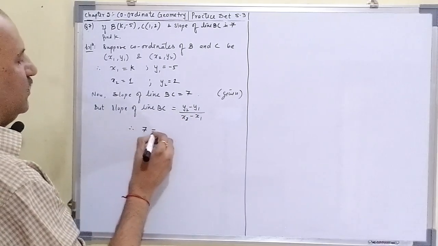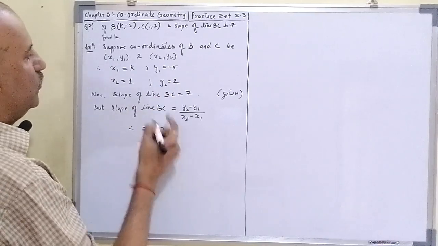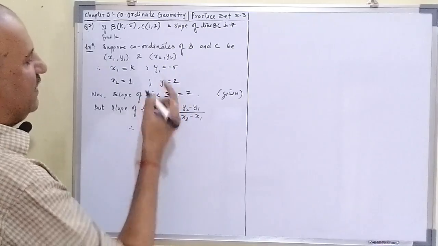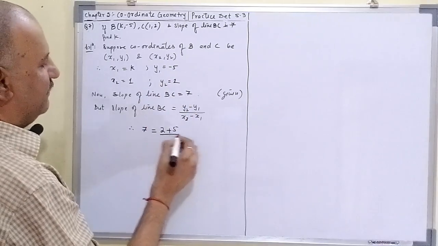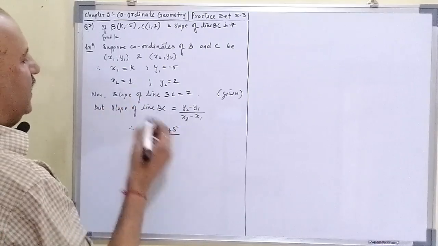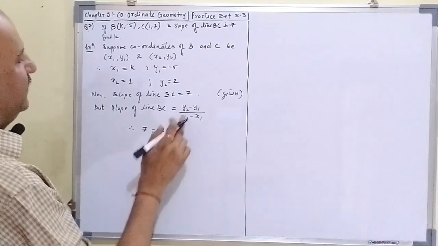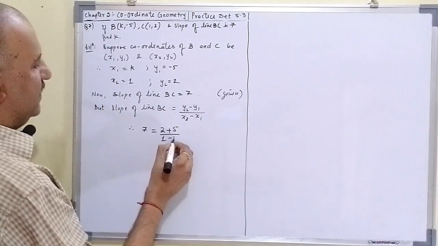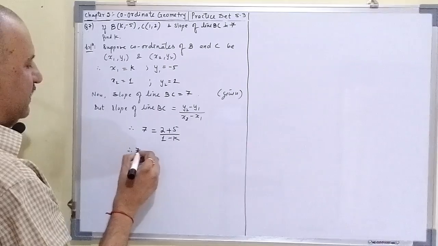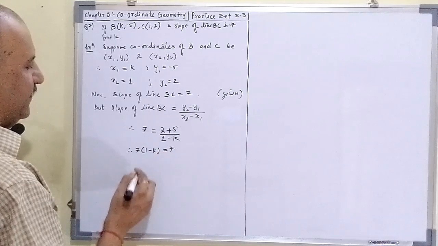Therefore 7 equal to y2 कितना है भाई? 2. 2 माइनस माइनस, ये माइनस और ये माइनस प्लस हो जाता है 5. और x2 क्या है? 1 प्लस, सॉरी 1 माइनस के. So 7 into bracket 1 minus k equal to 7.